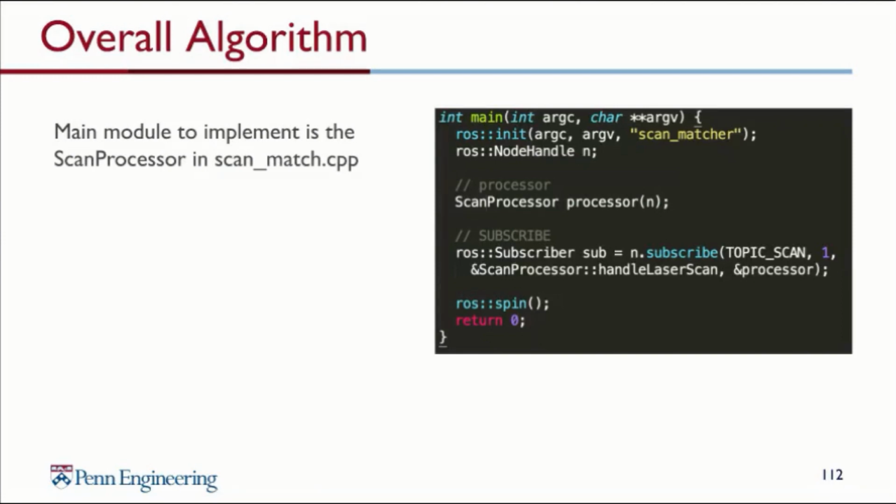Now, in the remainder of this lecture, I will explain the details of this algorithm from the code's perspective, which you will need to implement in this lab. The main module that implements this algorithm is the scan processor and the scan match CPP file. In particular, you'll have to implement the handle laser scan function, which I'll explain next.